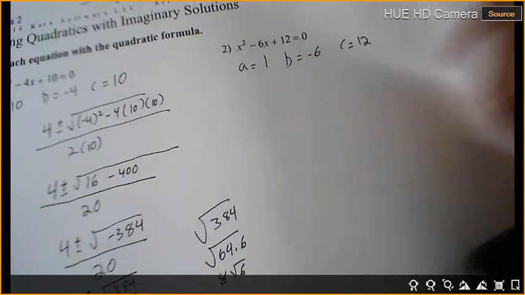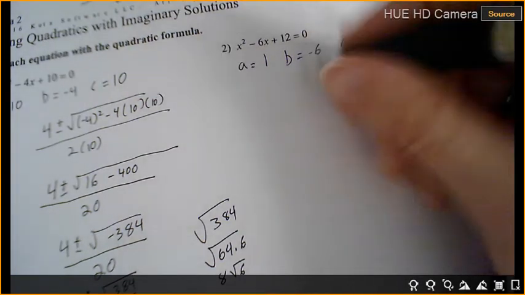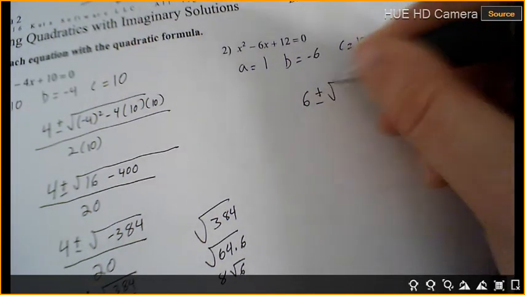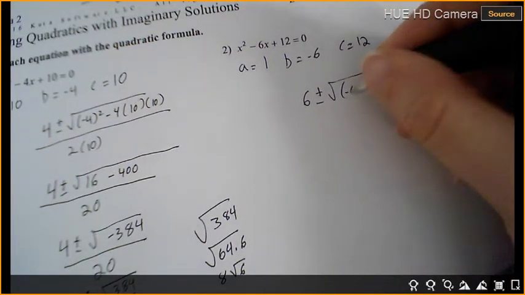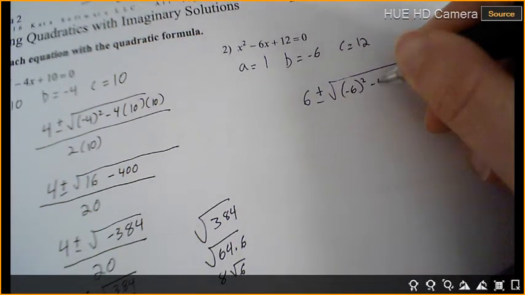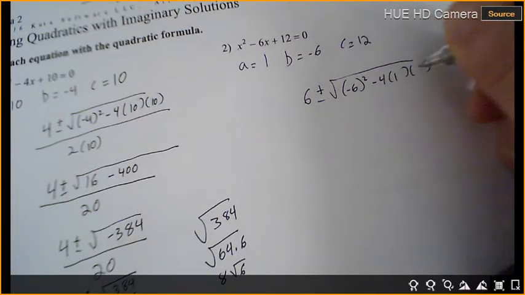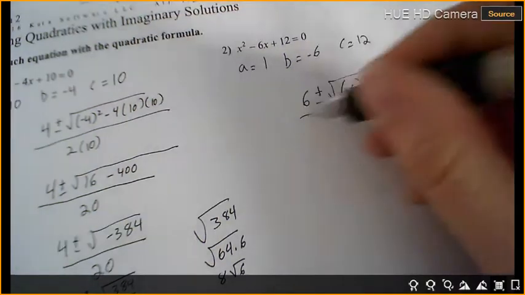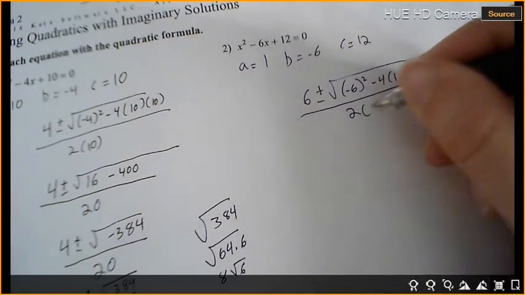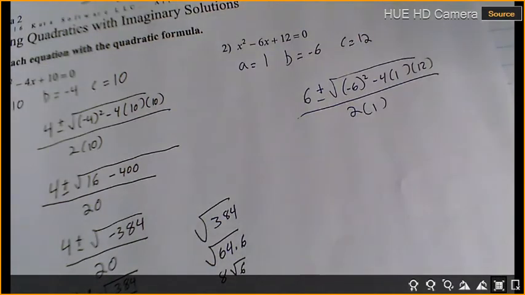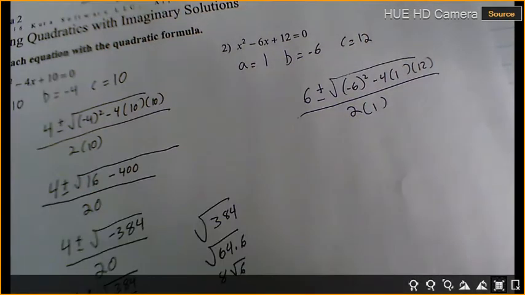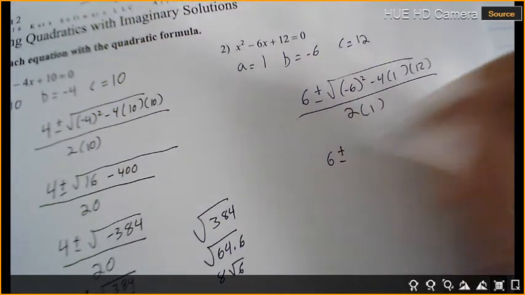Okay, so we're going to put negative b, so that's positive 6, plus or minus the square root of negative 6 squared minus 4 times 1 times 12, all over 2 times 1. Okay, now I'm just going to bring that 6 plus or minus down.